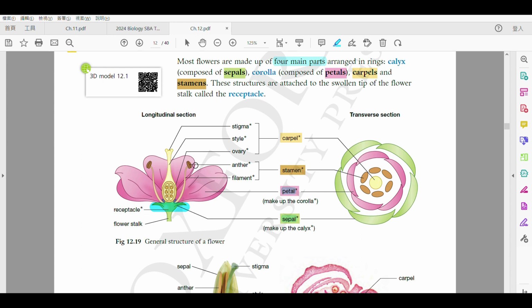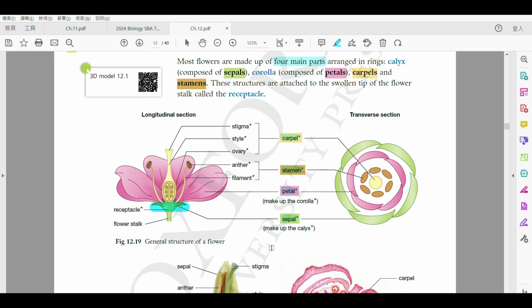For the male reproductive system, it's this one. We call it the stamen. And for the female reproductive system, we call it the carpel. So first of all, we learned these 4 words. Read them once more: sepal, petal, stamen, carpel.